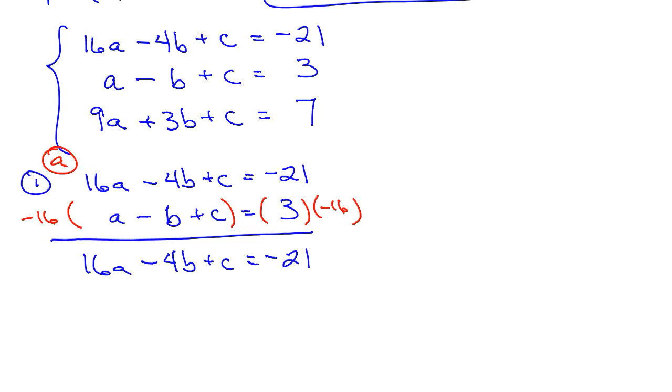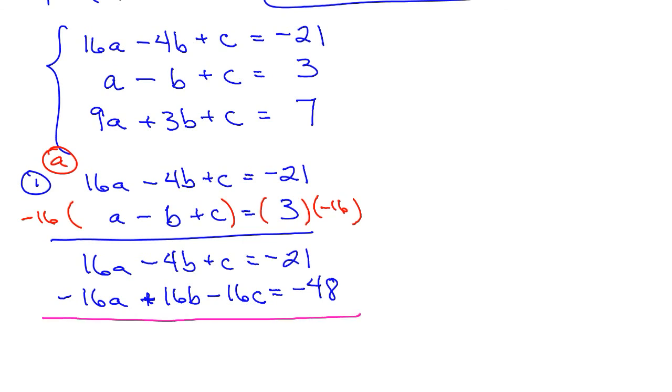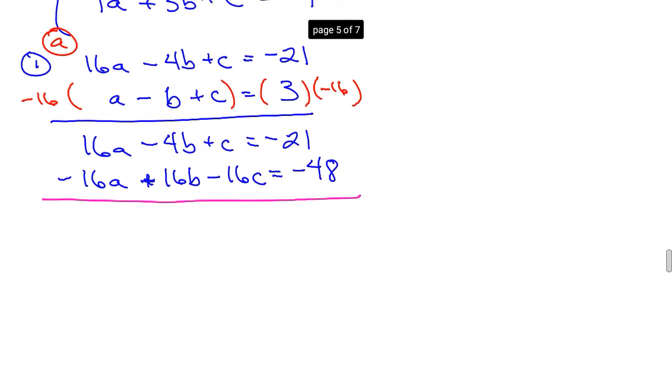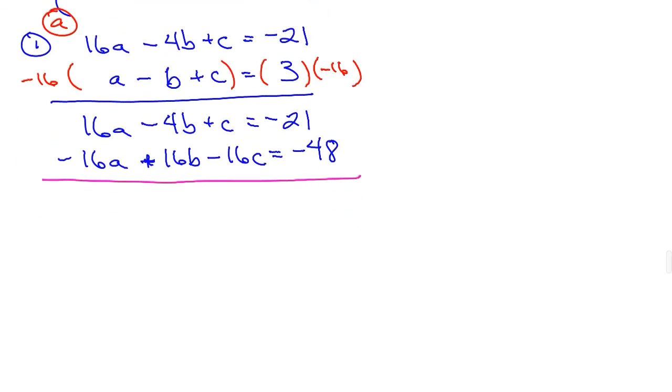The second equation becomes -16a plus 16b minus 16c equals -48. When I add down, the a's are eliminated.